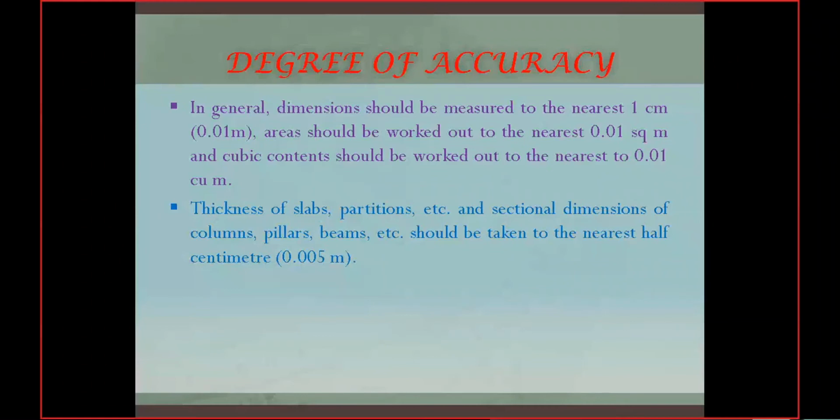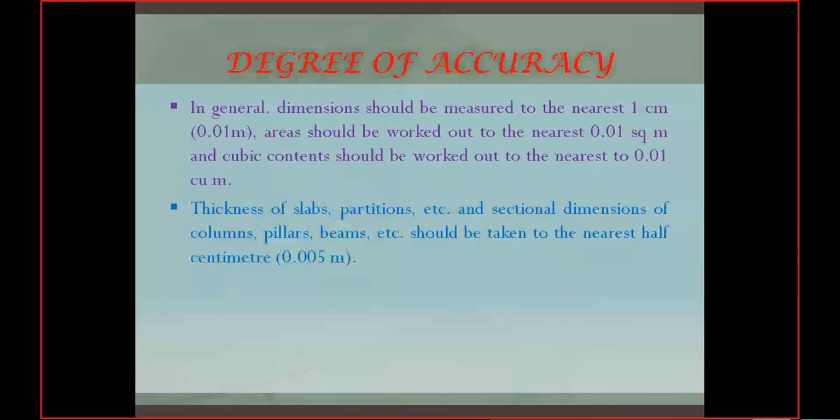If the rate is high, we are paying a higher rate, so you need to take much more accuracy. If the rate is low, you also need to maintain accuracy, but you need not take as much. So that is about degree of accuracy.